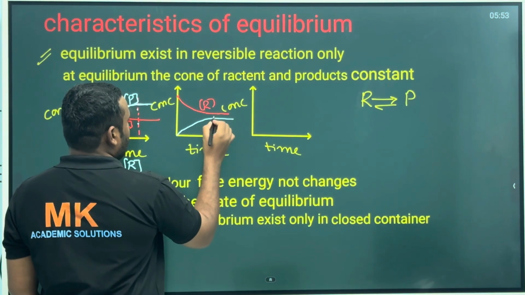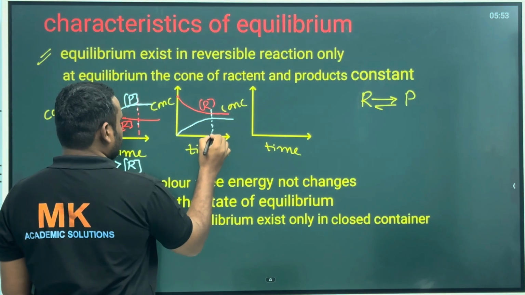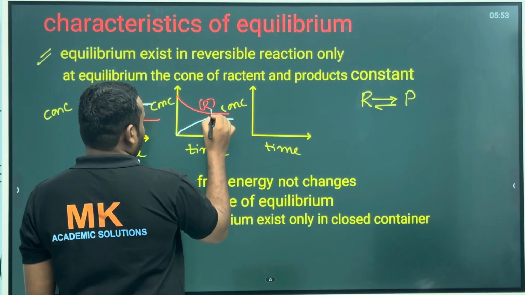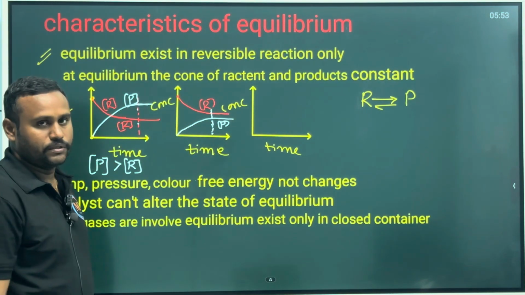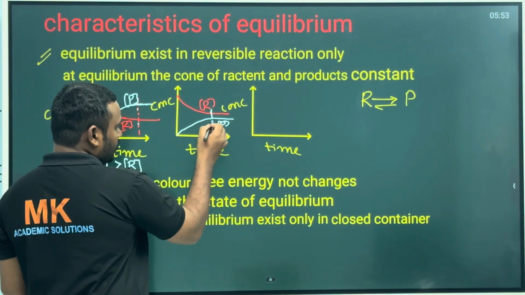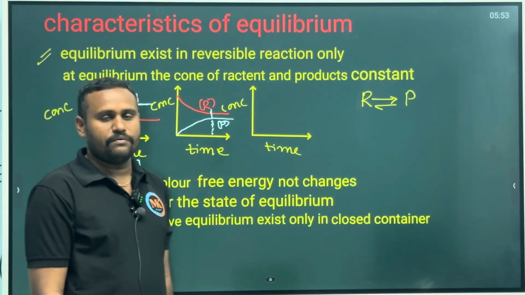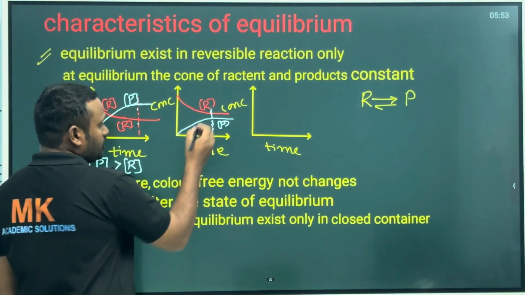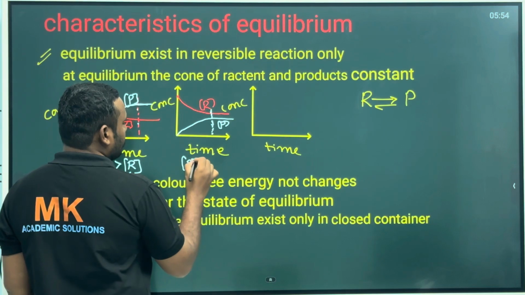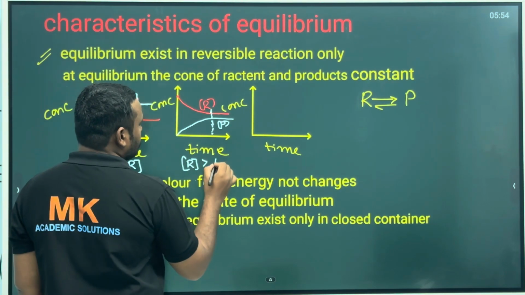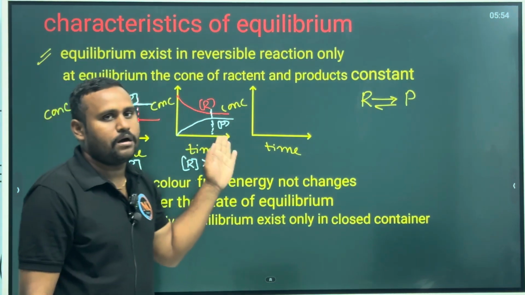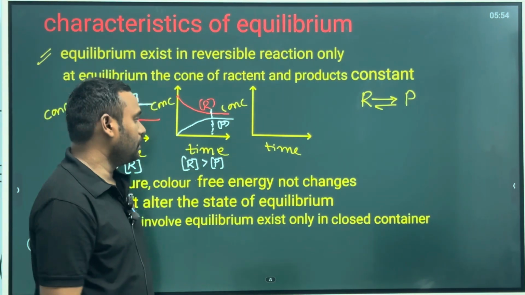After reaching equilibrium the concentration of product is also constant. When you compare the relative concentration of reactant and product in this equilibrium, reactant has more concentration than the product. However, they are constant after reaching equilibrium.